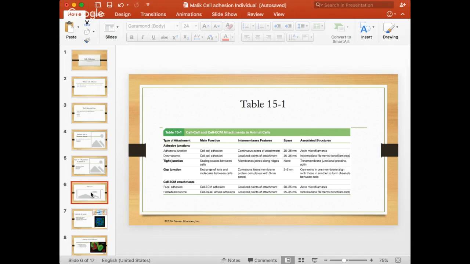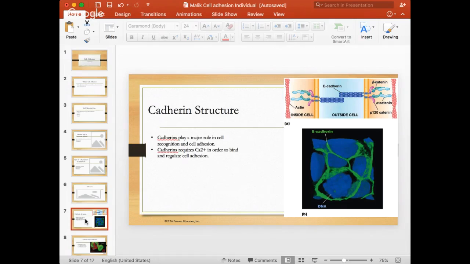You see it talks about the desmosomes, tight junctions, the gap junctions, etc. It also tells you about the spaces that it covers and the associated structures connected to these different types of junctions, so that you can understand more about cells in cell adhesion.